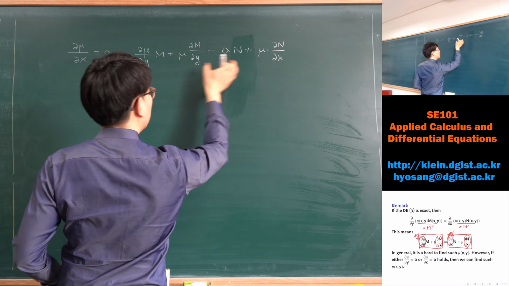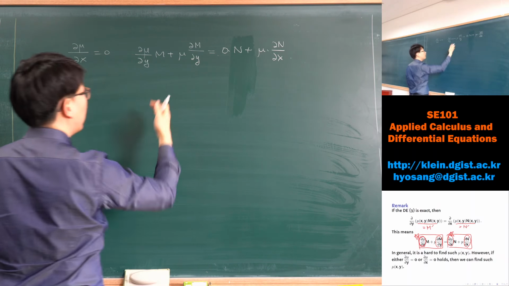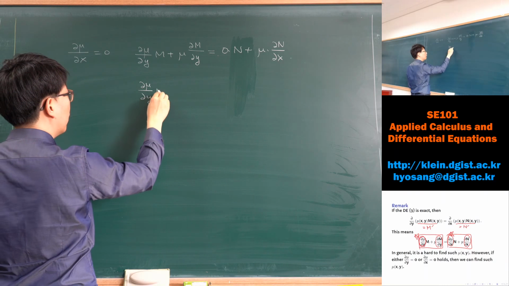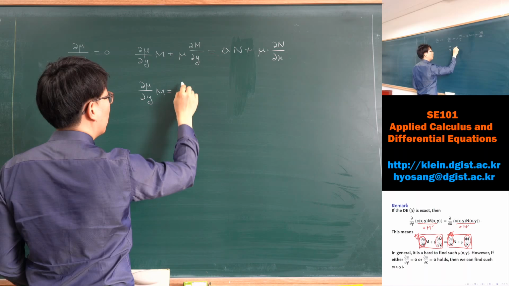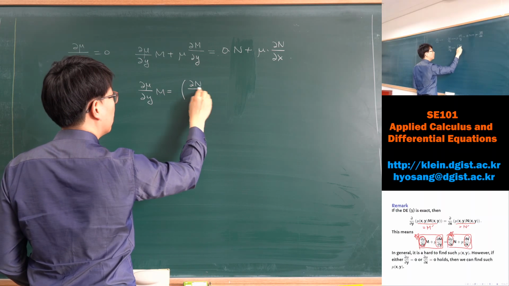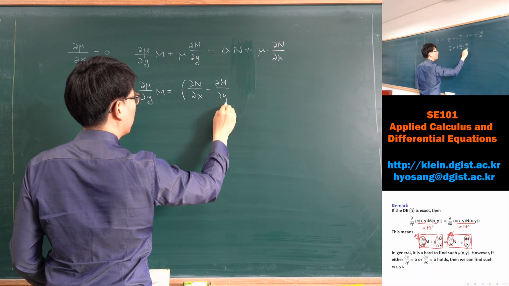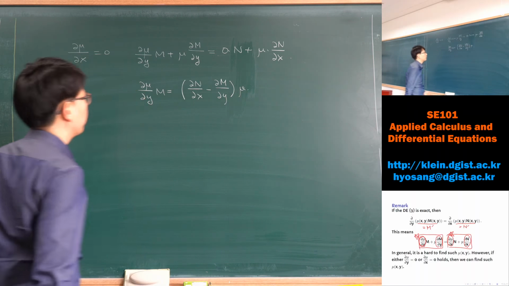So let's combine these two factors to the right-hand side. So we get mu_y M equals (N_x minus M_y) mu.